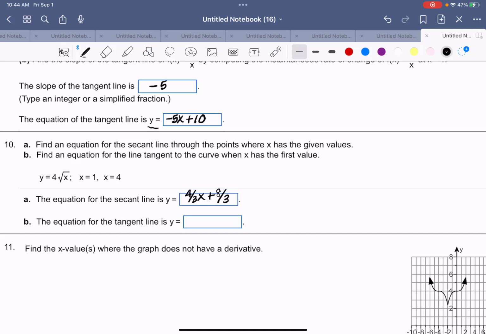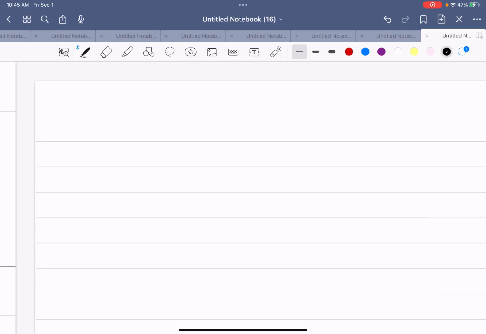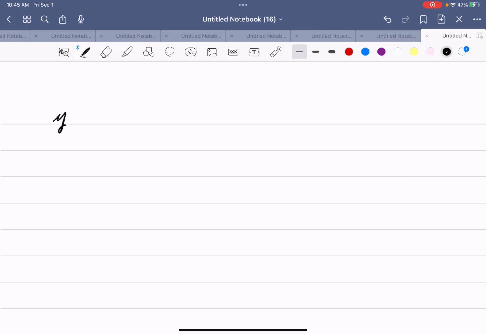Now we have to do the tangent line. So y equals 4 square root of x, and x equals 1. So at that first value of x equals 1, what is the equation of the tangent? The slope of the tangent is the definition of the derivative. It's the limit as h goes to 0 of f of x plus h minus f of x divided by h.